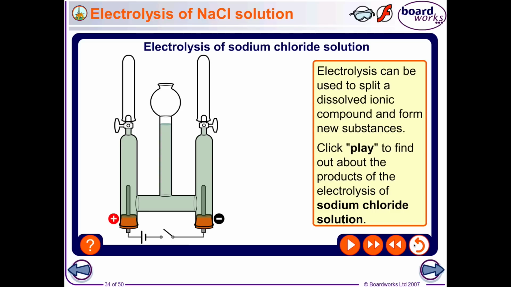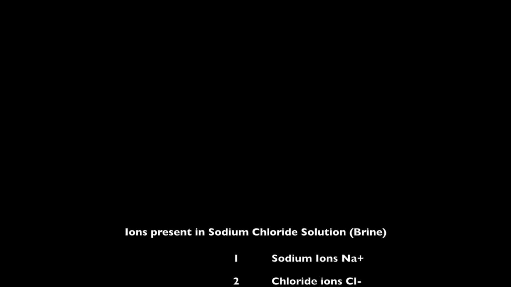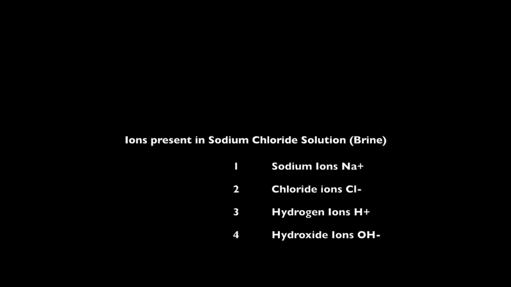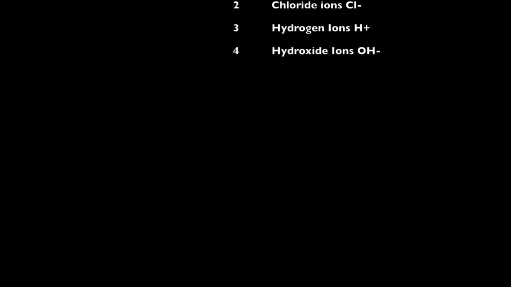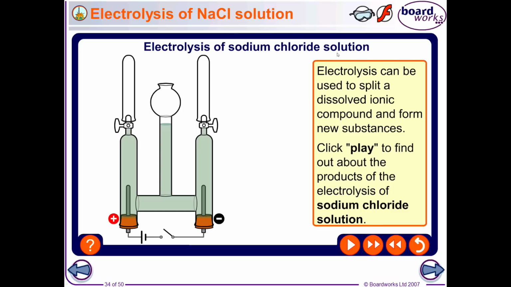But for now, what we need to realise is that in this sodium chloride solution, we're going to have our sodium, Na plus ions, our chloride, which are Cl minus ions, and because it's in solution, we're going to have the water, which breaks up into H plus and OH minus ions. So I've got 4 different ions present in this solution.